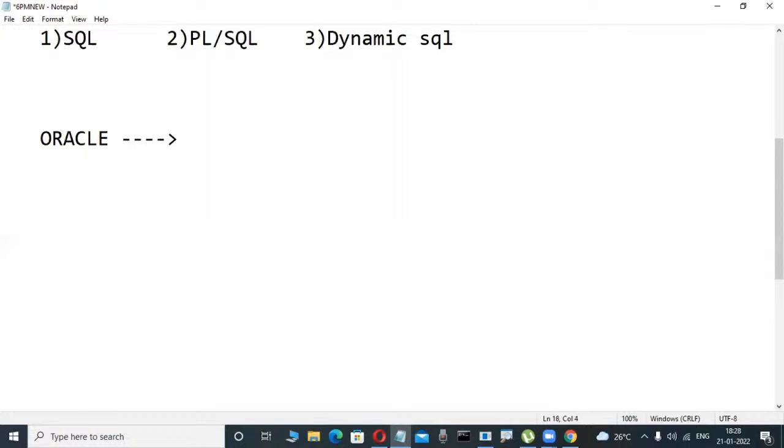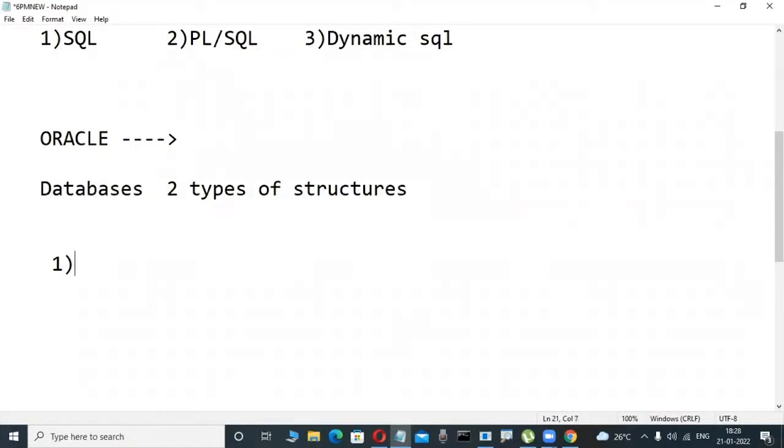But these databases have two types of structures. You must be familiar with this before we start our courses. Don't write it, just observe it here. Suppose you are taking Oracle, SQL Server, MySQL, or DB2, any relational database software you install in your system, two types of structures are there.